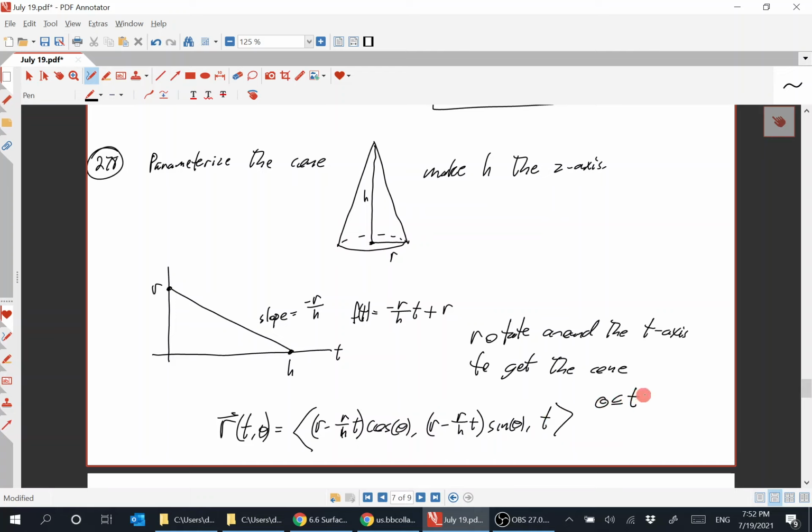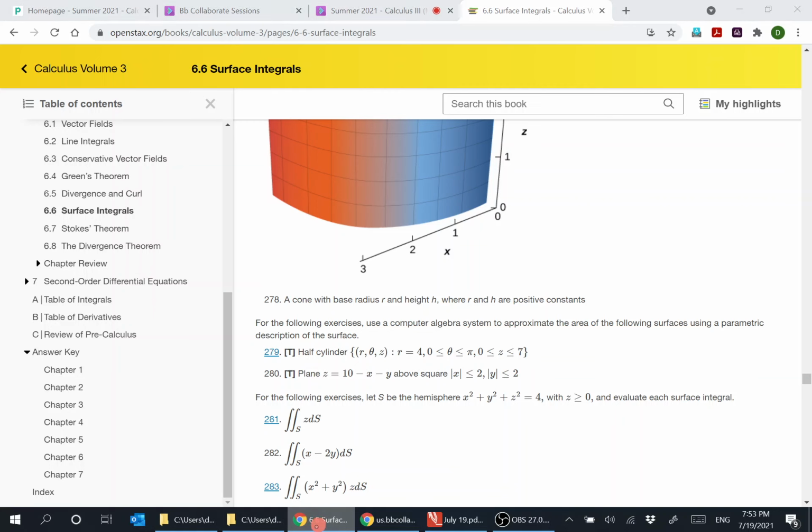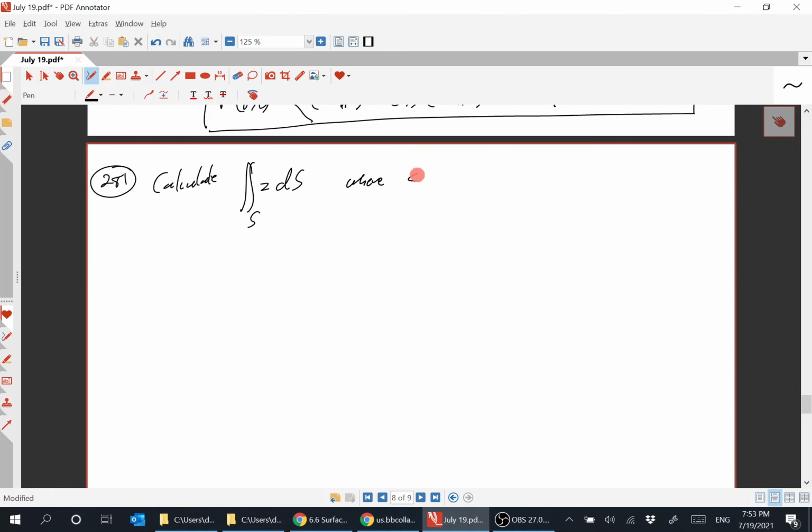So for 281, calculate the scalar surface integral over S of z dS, where S is the upper hemisphere of the sphere of radius 2.